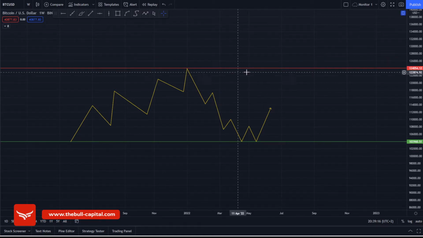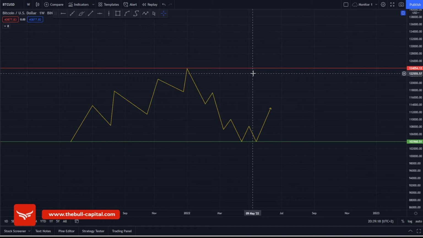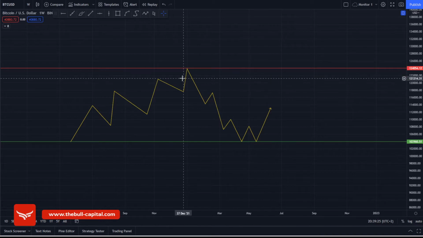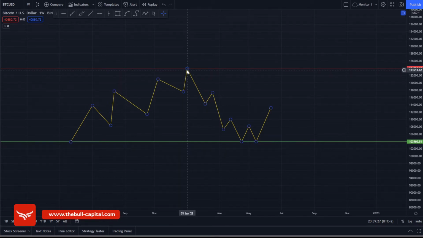Now let's talk a little bit about resistance. Resistance is an area on a chart where price has risen. It's growing here, but it struggled to break above the resistance.